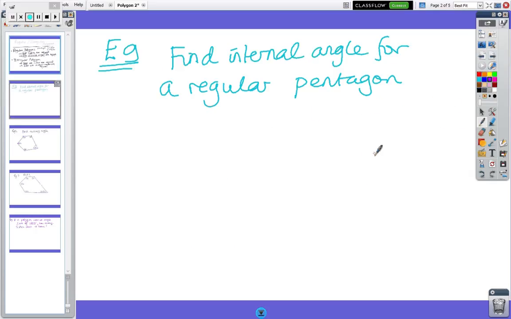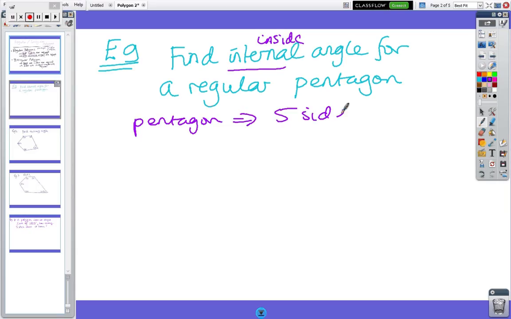Okay, so first one is example 1. Find the internal angle. Internal means inside, so it just means the inside angle for a regular pentagon. So we don't need to sketch it. What we have to do first of all is, a pentagon has 5 sides, and from the previous video, when you have 5 sides, you've got 3 triangles.